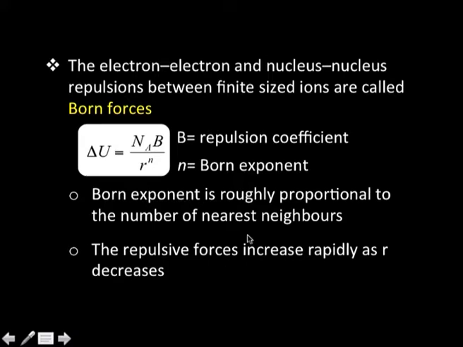The reason is that in the denominator we have r raised to power n, and this n happens to be a fairly large number, 4, 6, 8 or 12 or whatever. So if r decreases slightly, the denominator decreases very significantly, because n is a large number. As a consequence, our delta U will increase rapidly.